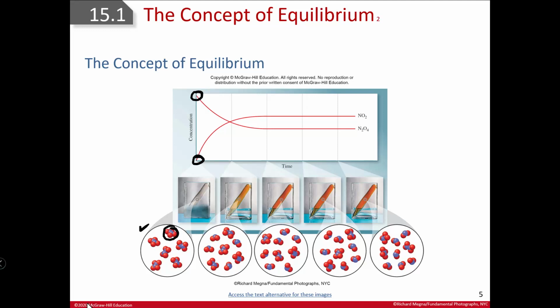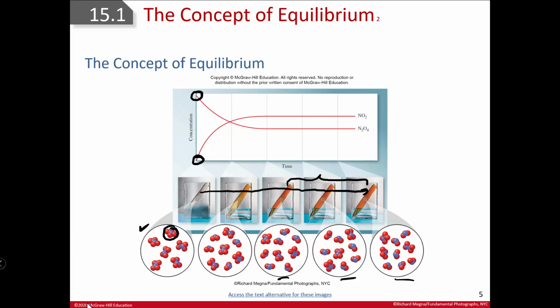As the reaction progresses, we go from a colorless vial or ampule to a very colored ampule. And notice again, not much change in these last three compared to the first two. You can see there's not much change here in these three. There's a little bit, but not much.